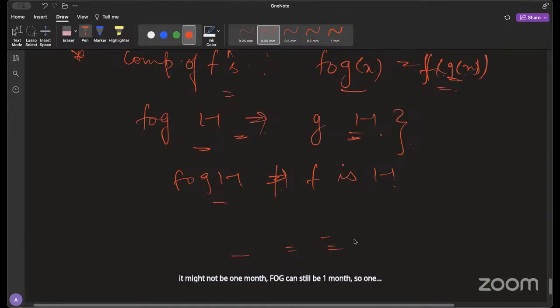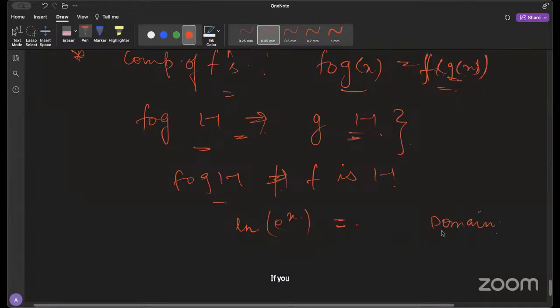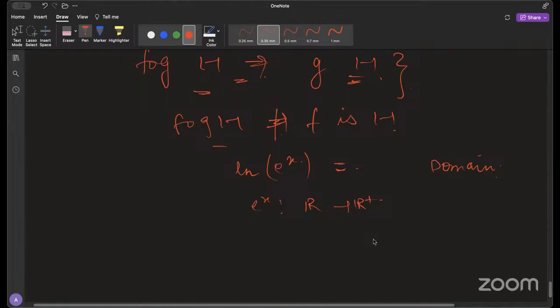One example for it: this basically happens when you have, let's just say, e to the power x. First you need to know the domain of it. If you know the domain, then only can you tell if it's 1-1. e to the power x is from R to R, right?